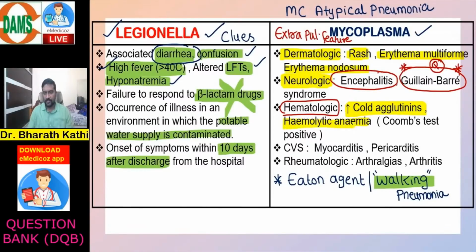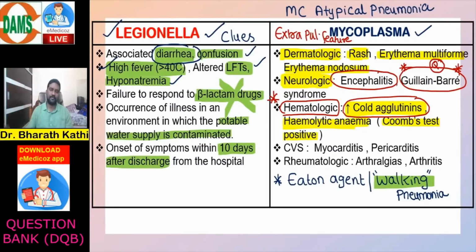And this is a hemolytic anemia, and it can be identified by Coombs test positive. So very, very important. In Mycoplasma pneumonia, there is presence of cold agglutinins in the body, and patient has tendency to develop hemolytic anemia, and this hemolytic anemia you can identify with help of direct Coombs test.